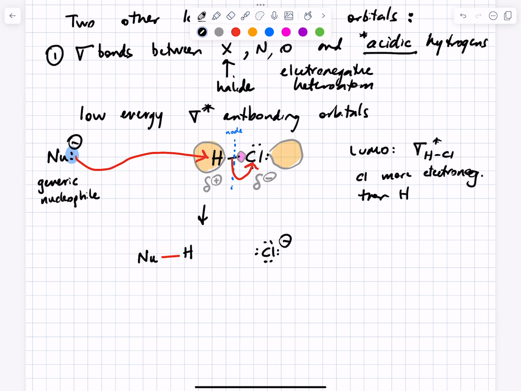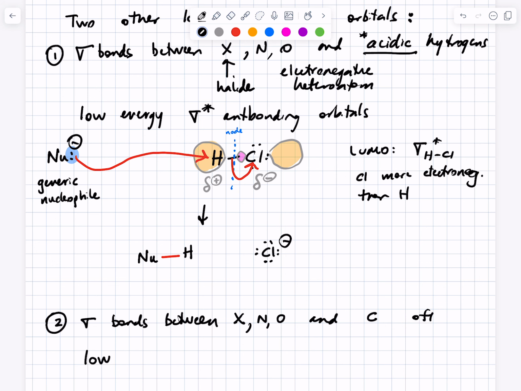It's related to the one we just did, and that is sigma bonds between basically electronegative heteroatoms, and it's mostly, in this case, halides, but I'm going to include nitrogen and oxygen and carbon. Often have low energy sigma star antibonding orbitals.